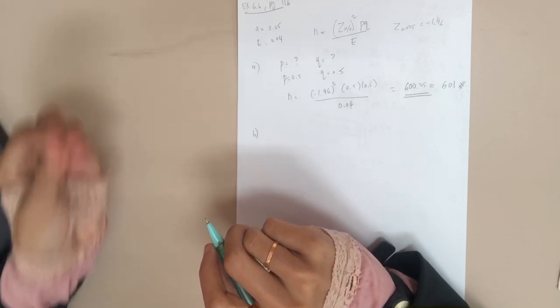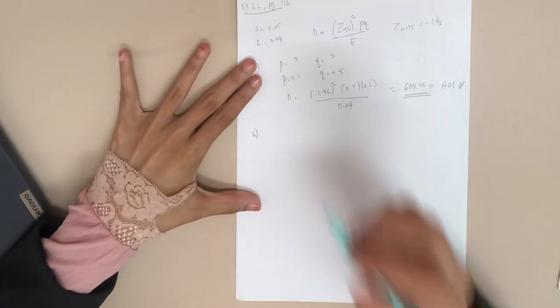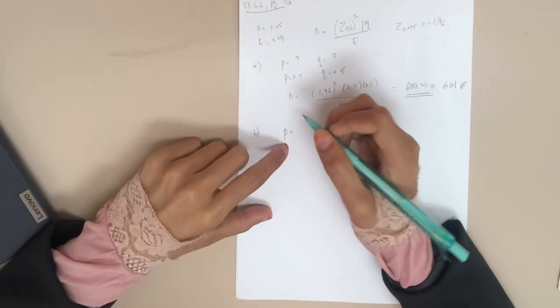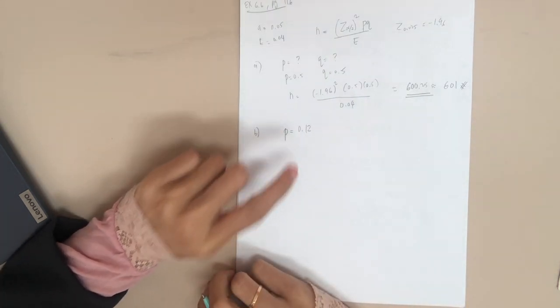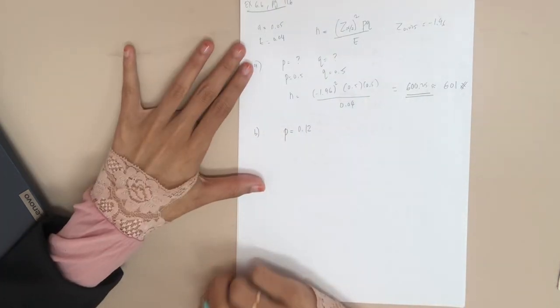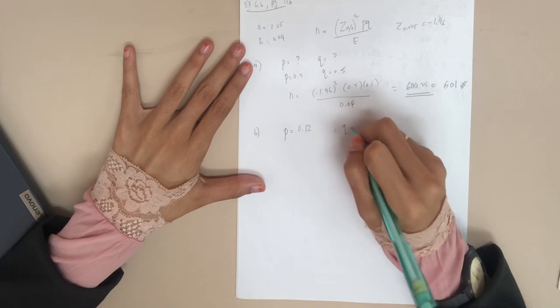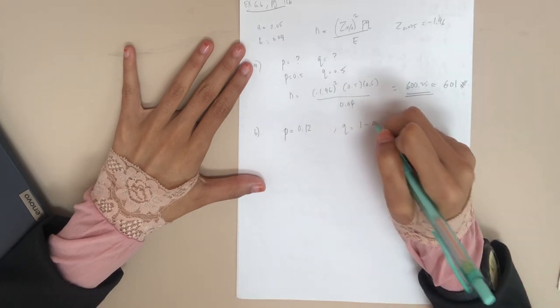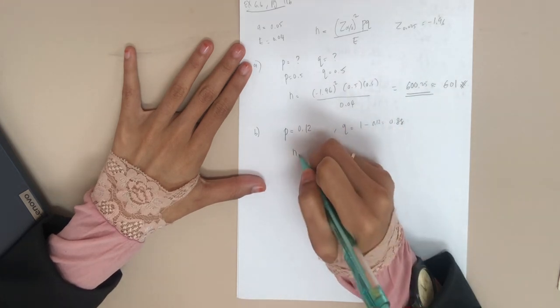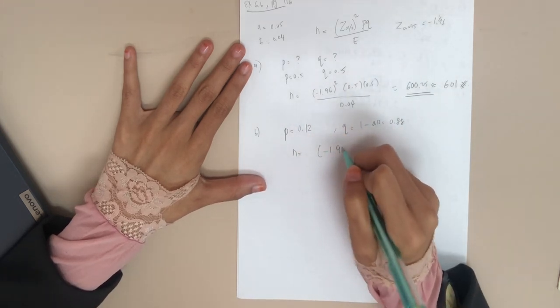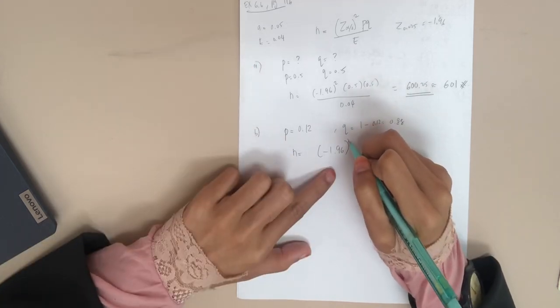Okay, now part B. The question asks you to find the sample size when we know that the true proportion does not exceed 0.12. So it gives you the true proportion P here as 0.12. Therefore, immediately you can get your Q, which will be 0.88. Now just use the same equation and the same value of Z here, which is negative 1.96.